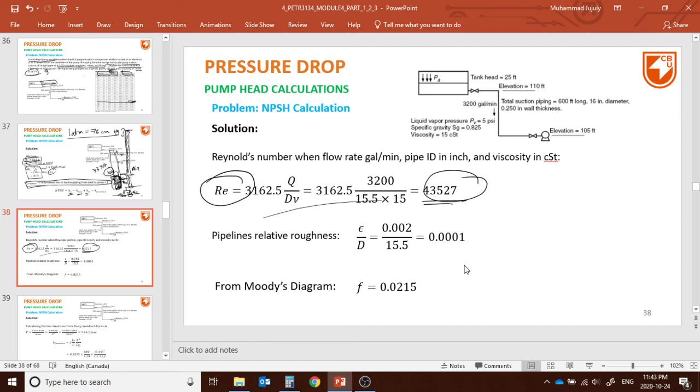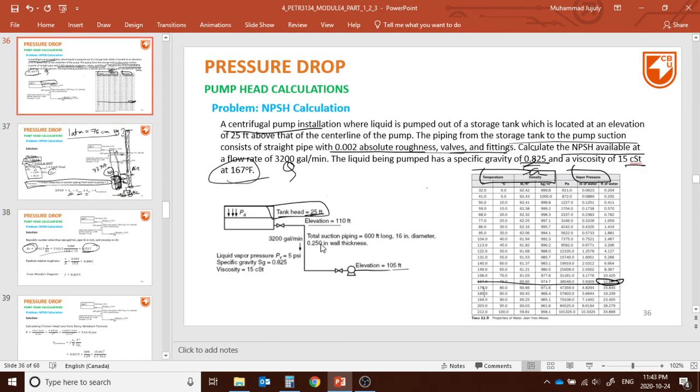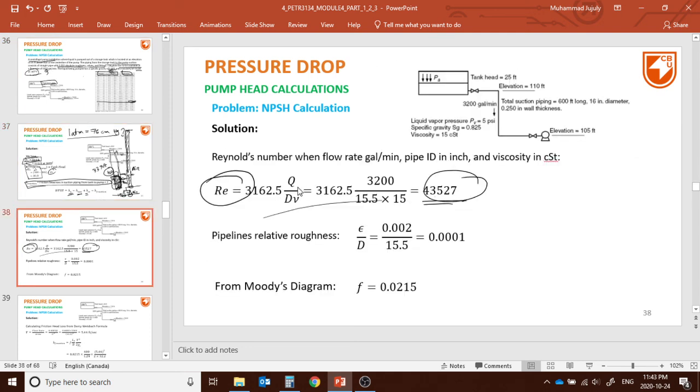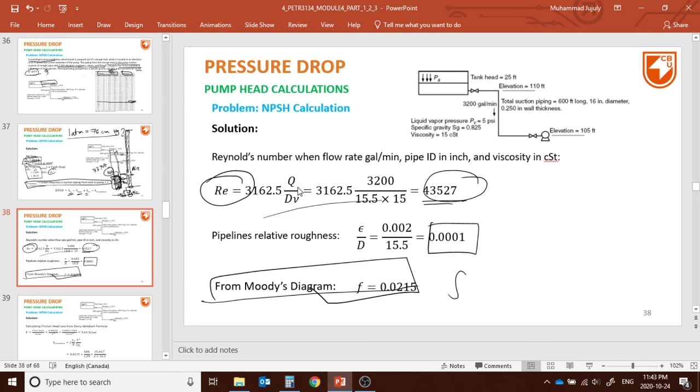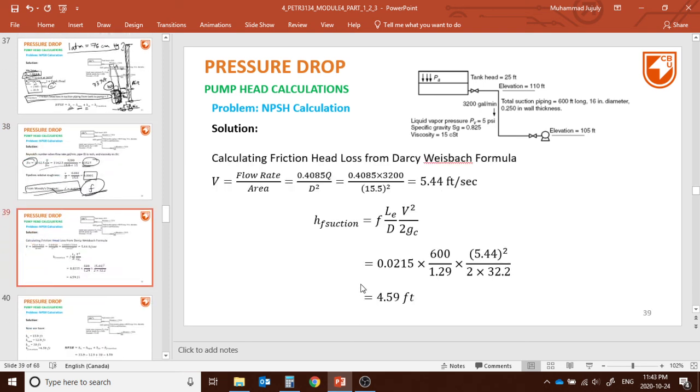We also need to calculate the pipe relative roughness, because this information is given already. So we got this value, and using the Moody diagram we find the friction factor. You should actually do it by your own hand. That's how we know how to use the Moody diagram, right?